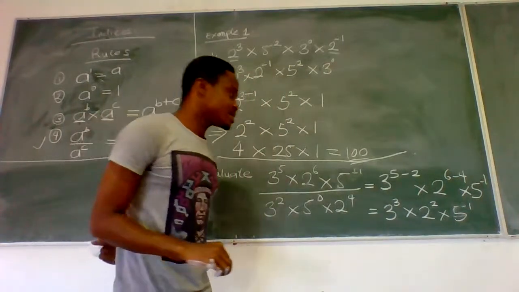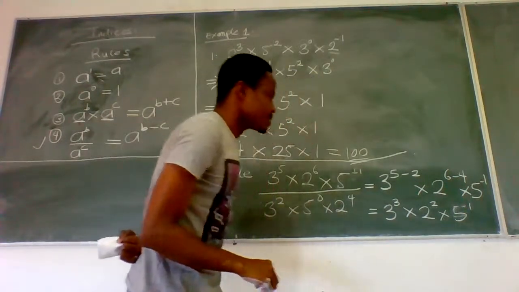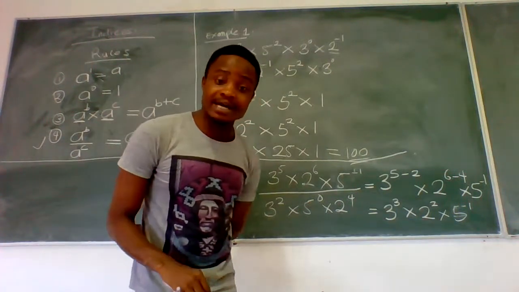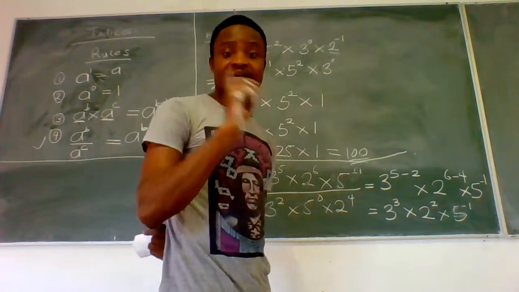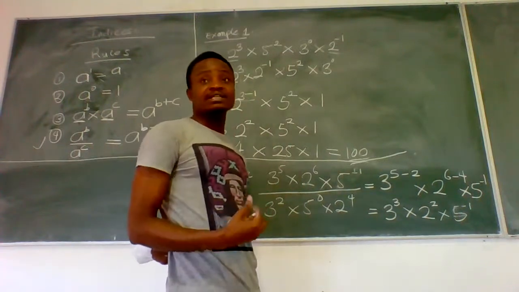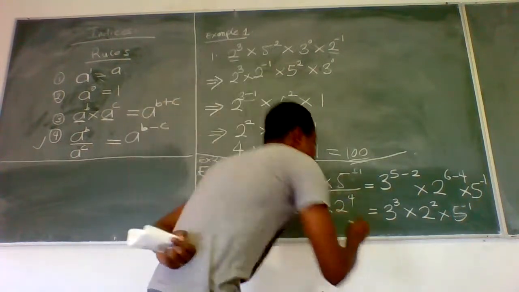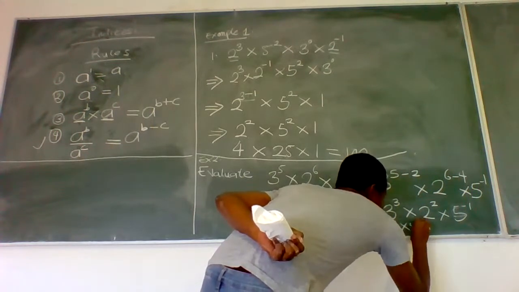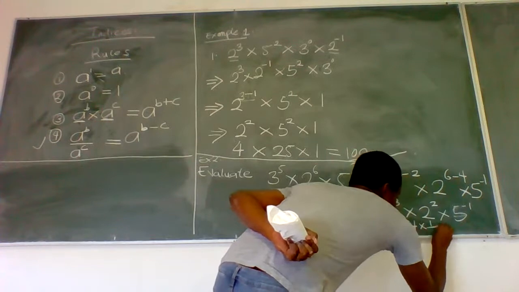So 3 exponent 3 is equal to 9 times 4 times 5 exponent negative 1. And then 5 exponent negative 1 is the same as 1 over 5. So from here, I can write 9 times 4 times 1 over 5.